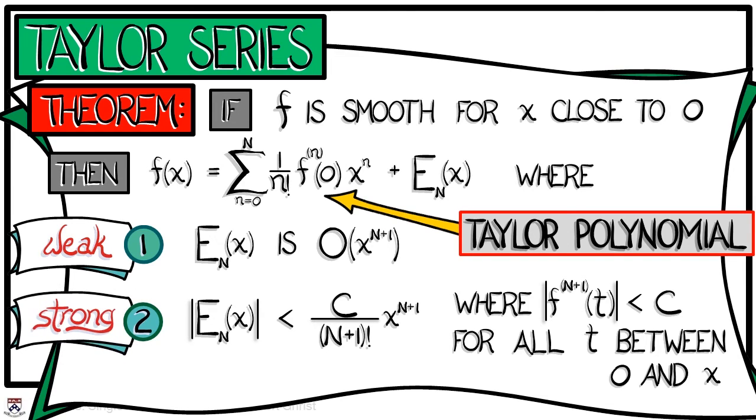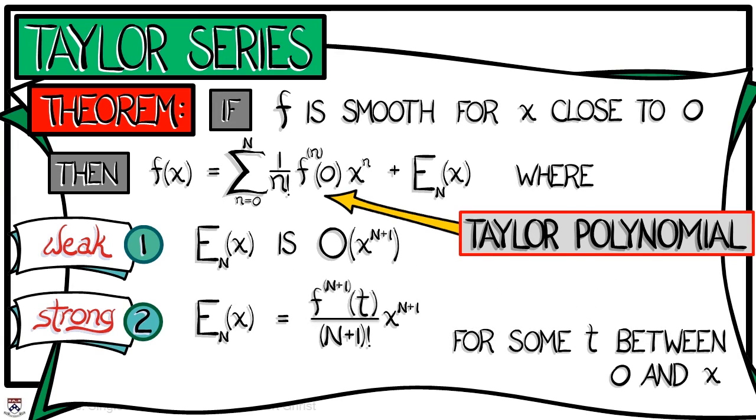In fact, if you want to get really strong, we can replace that constant big C by exactly the n plus first derivative of f at some t that is between 0 and x. And this is a very remarkable result in that you're not bounding the error.